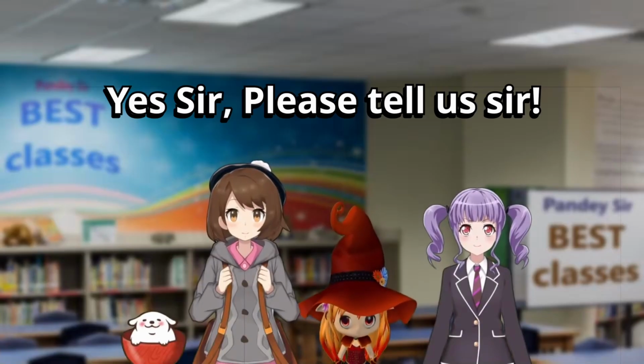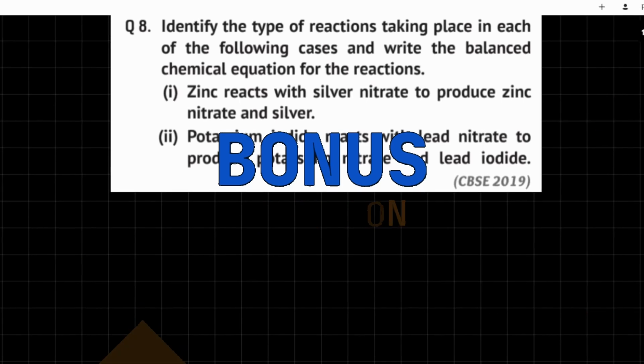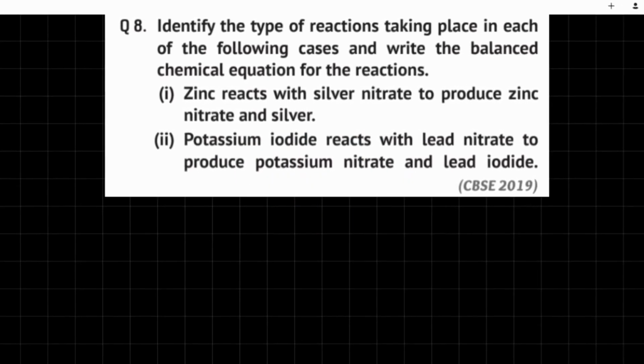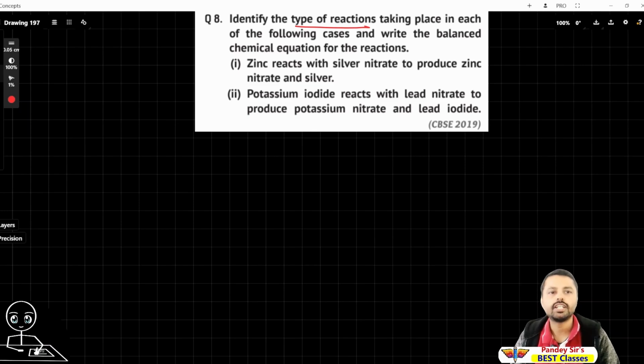Next question is this. Identify the type of reaction taking place. We have to identify the type of reaction and write the balanced equation also. Okay, so zinc, Zn, reacts with silver nitrate. What is the formula of silver nitrate?